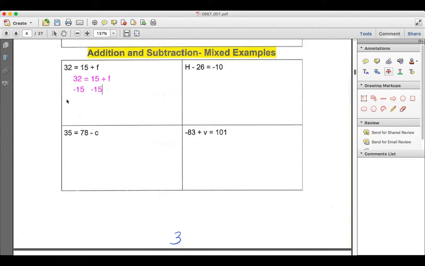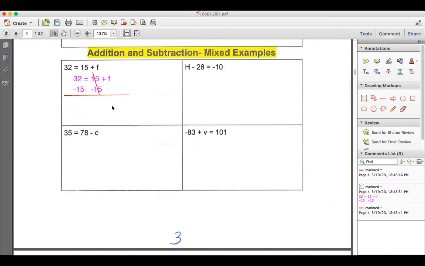And I'm going to underline the same way that I would with a pencil. Okay? And then the other thing I'm going to do is cross these out because they cancel each other out, right? So then what I have left, after grabbing my typewriter again, is 32 minus 15, which is 17, equals, and all I have left on that side is f.